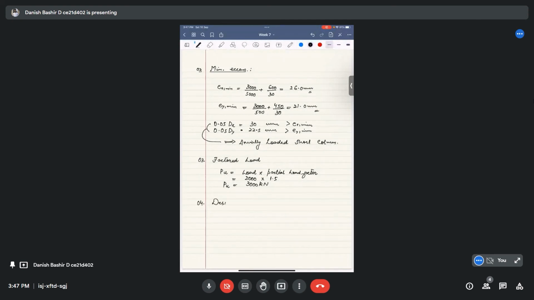Now for the design of the longitudinal reinforcement, we will use the formula given by the code for axially loaded short columns: Pu, the ultimate load, is equal to 0.4 fck Ag, where Ag is the gross area of cross section of the column, plus (0.67 fy minus 0.4 fck) Asc.